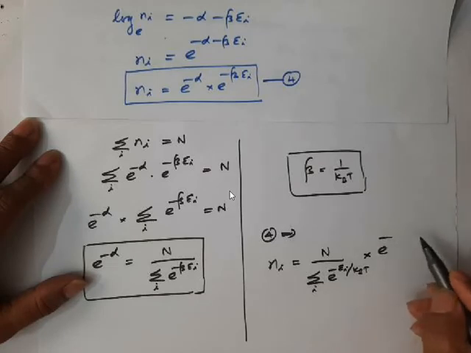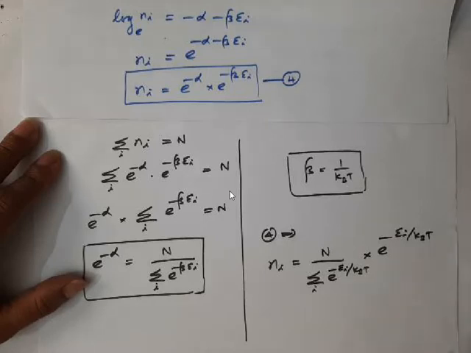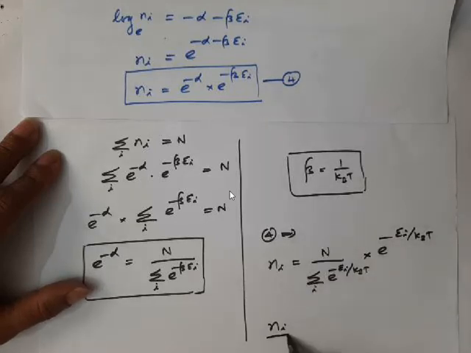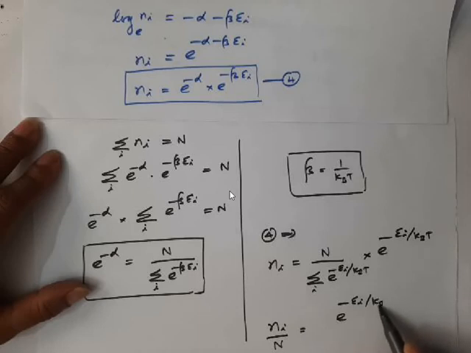In the place of beta I will put 1 by kBT, so Ei by kB into T. I will bring this N this side, so we can also write this as Ni by N equal to e power minus Ei by kBT over summation e power minus Ei by kBT.